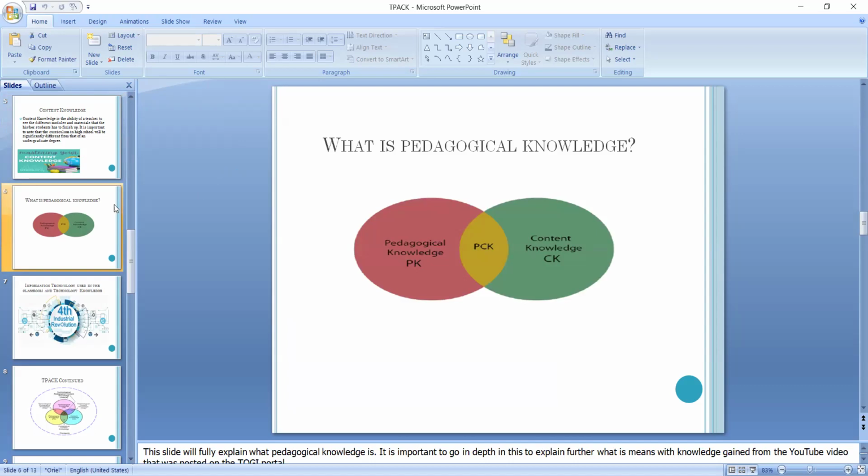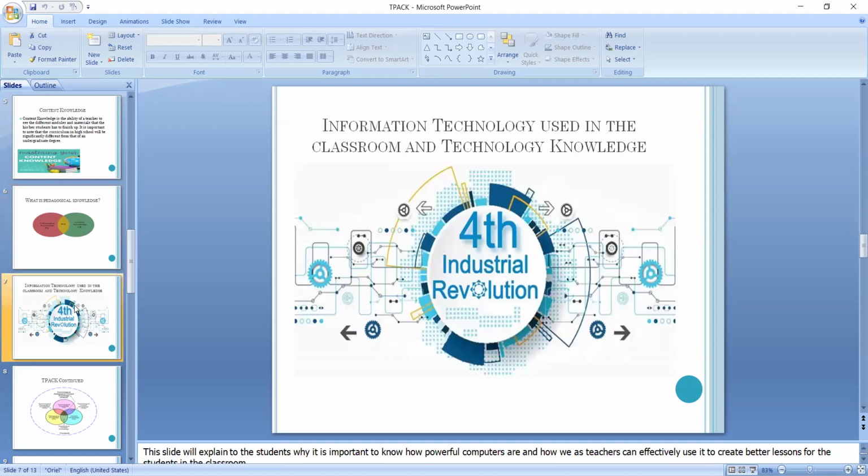Pedagogical knowledge could be said to be a soft learned skill that is acquired by studying a curriculum or by doing in the classroom. There's a lot more to pedagogical knowledge than what I can say right now, but those are some of the basic facts that I know about what pedagogical knowledge is.